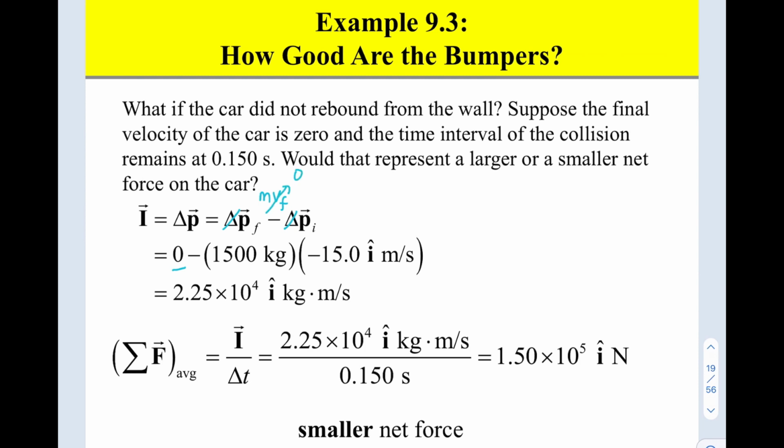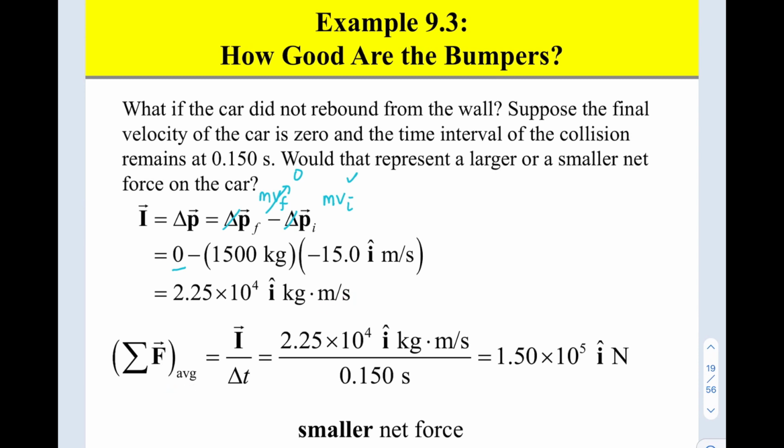So V final is 0 and P initial is M V initial, right? Yes, we do have V initial, which is negative 15 i meter per second. So we will get our impulse right now: 2.25 times 10 to the power of 4 i kilogram meter per second.